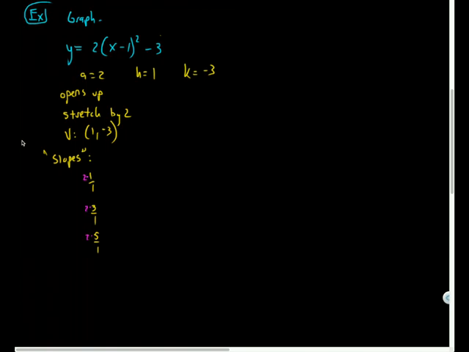So my new quote-unquote slopes will be up 2 over 1, up 6 over 1, and up 10 over 1. So let's graph this. I'm just going to draw one of my quick graphs. Let's see, the vertex is over 1, down 3, so I guess it kind of exists primarily here.